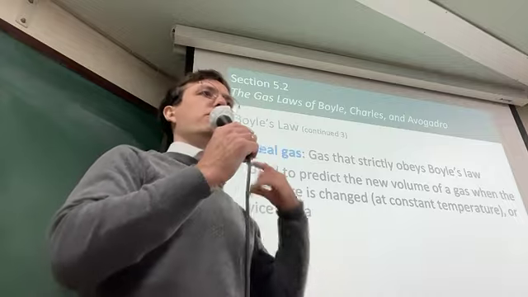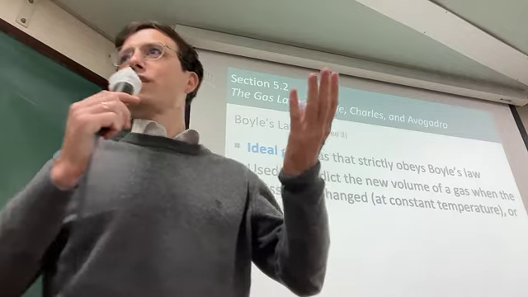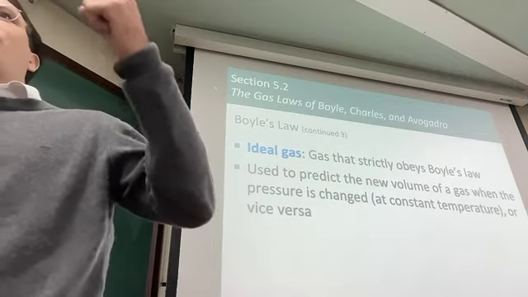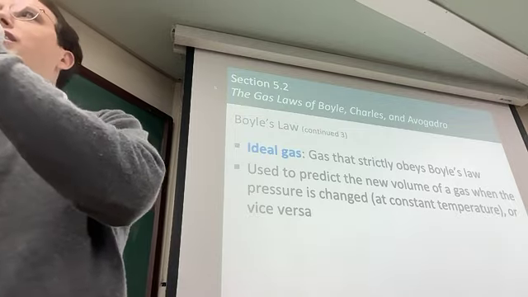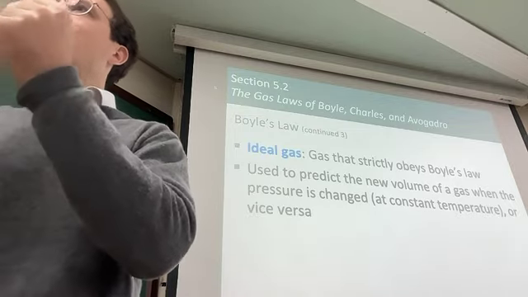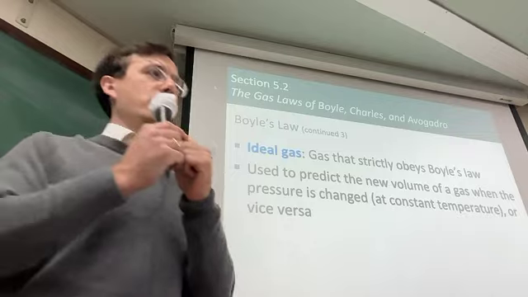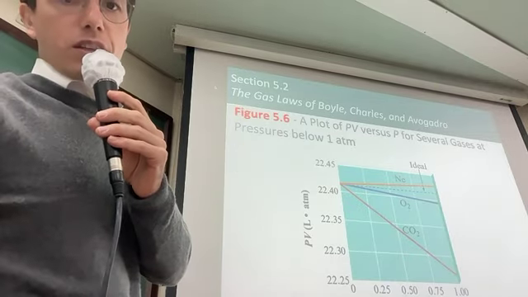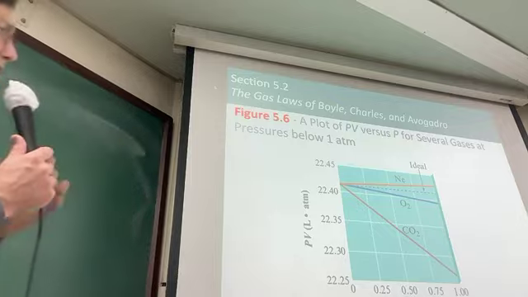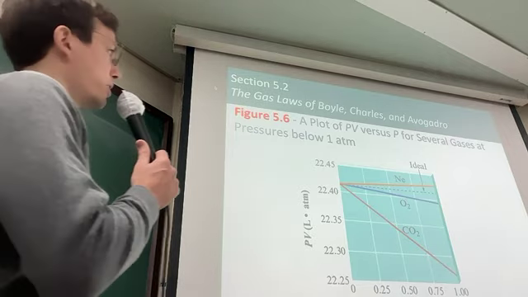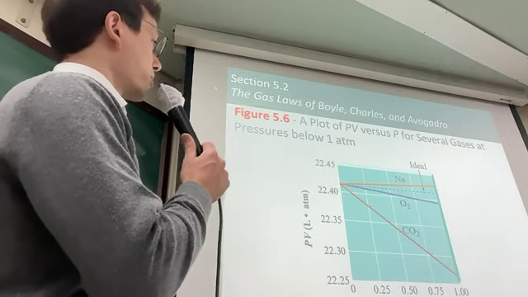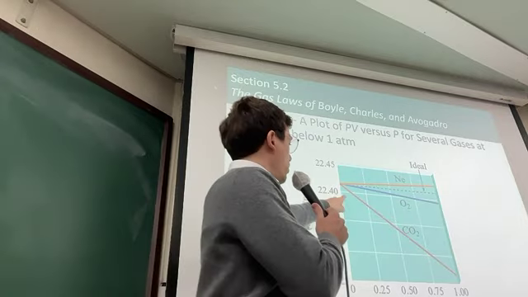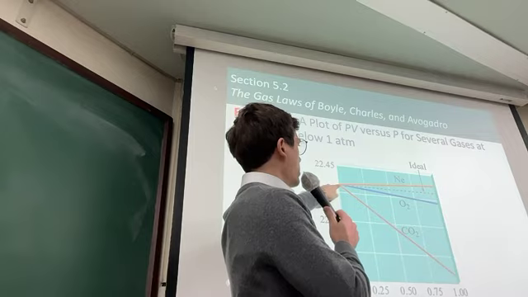But once you keep increasing the pressure, what happens? Well, then these atoms will start colliding with each other. They will start interacting. They realize that there are other atoms around, and that changes this curve. Okay, so you can see here that if you go up to 1 atmosphere, everything looks pretty much ideal only at the very low pressures.